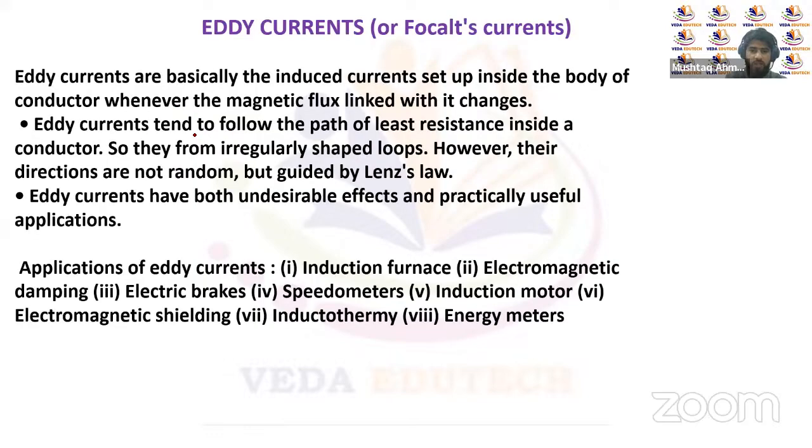They usually follow Lenz law as well, because Lenz law is a consequence of the law of conservation of energy. But one of the important points about eddy currents is their applications. Eddy currents have tremendous applications in our daily life.